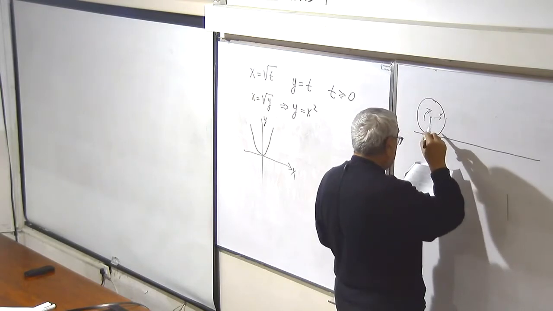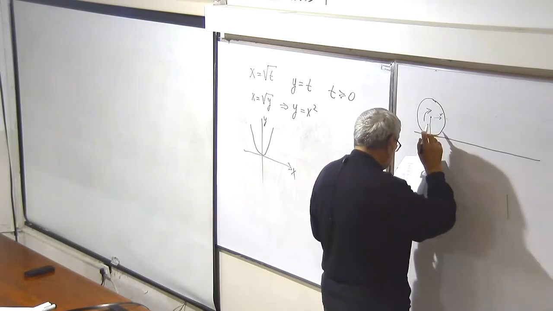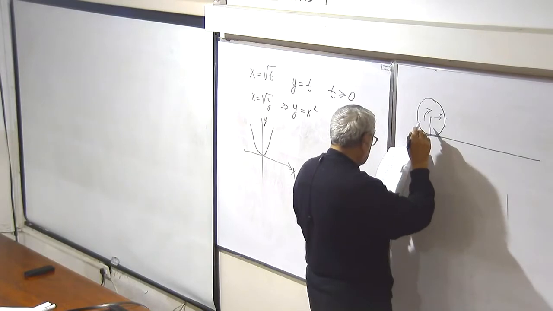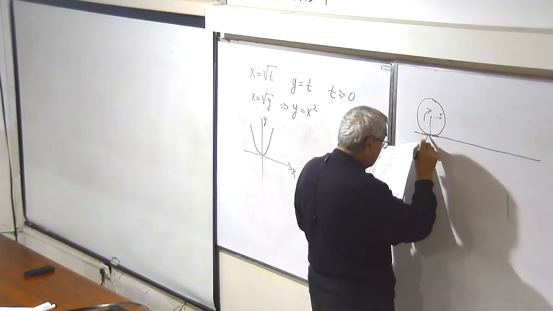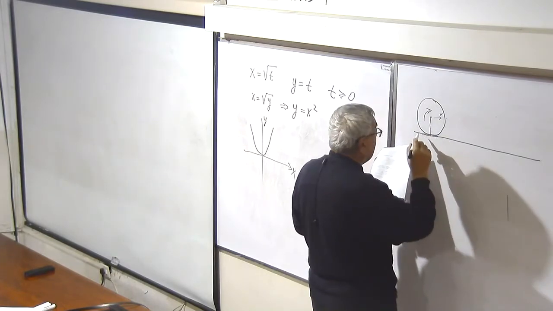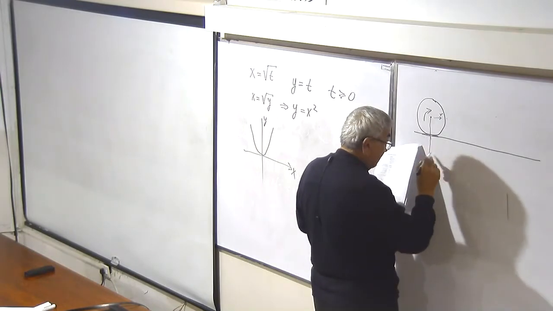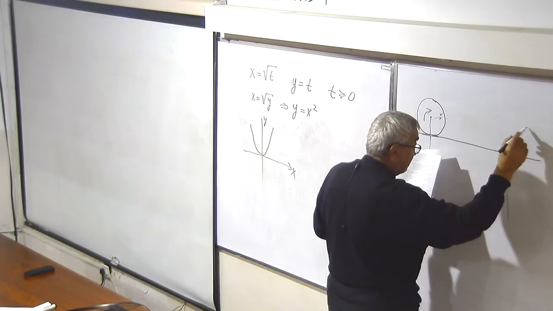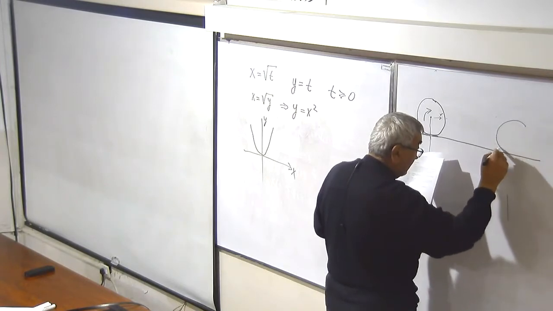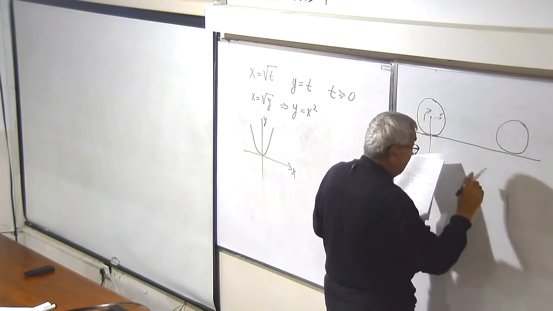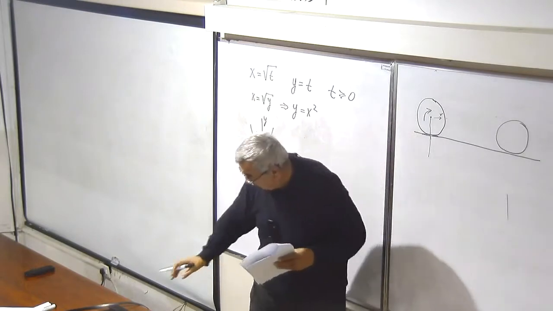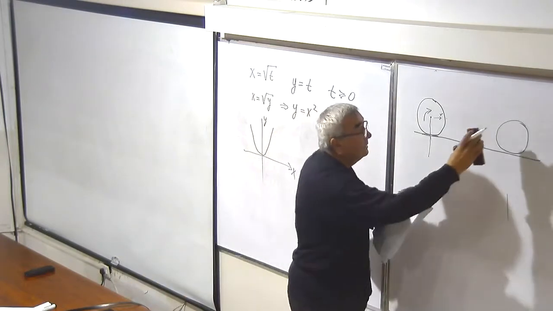You see, here is the radius, and here is the distance which is passed by the particle. I will write a. In this position, it is not equal to this cylinder.